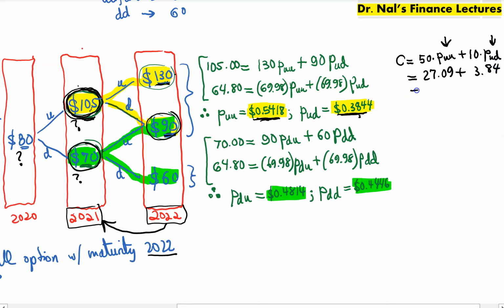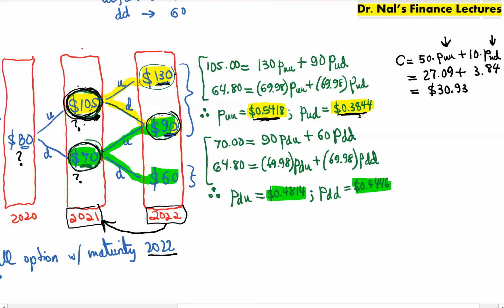Adding these two, 3.84 plus 27.09 equals $30.93. So this call option is worth $30.93 if we ended up at that node over here. At that point, that's the value of the call option.